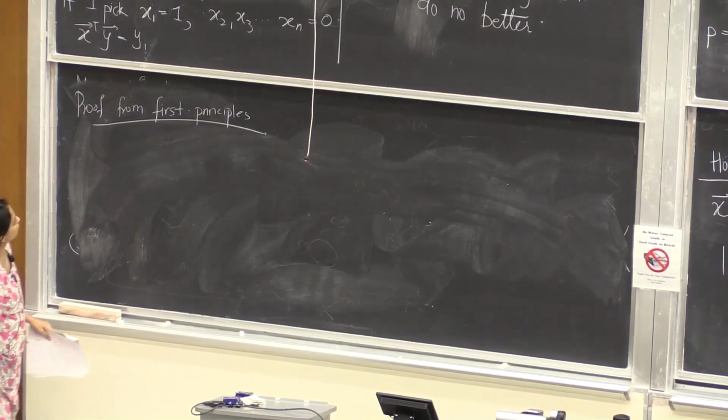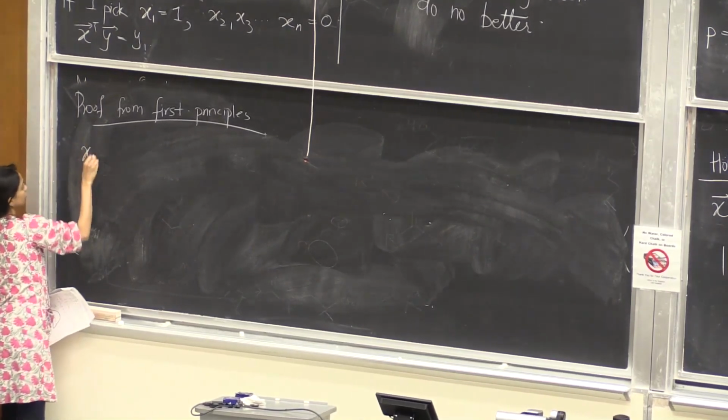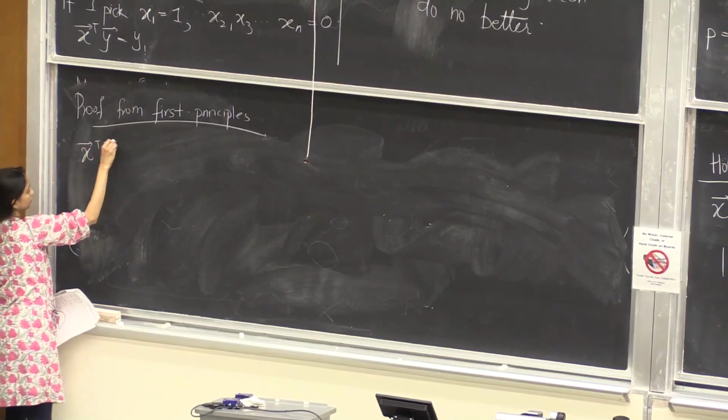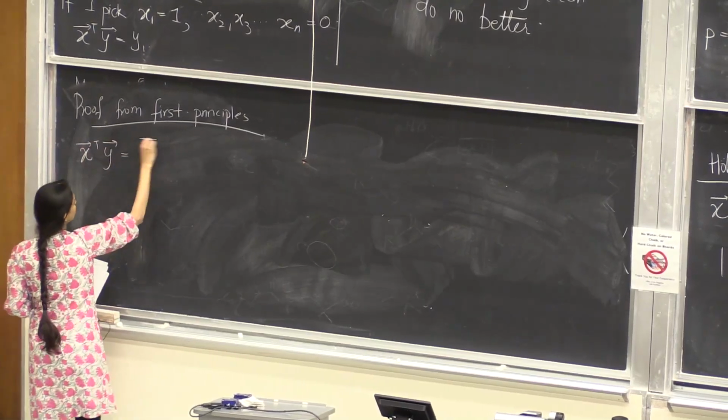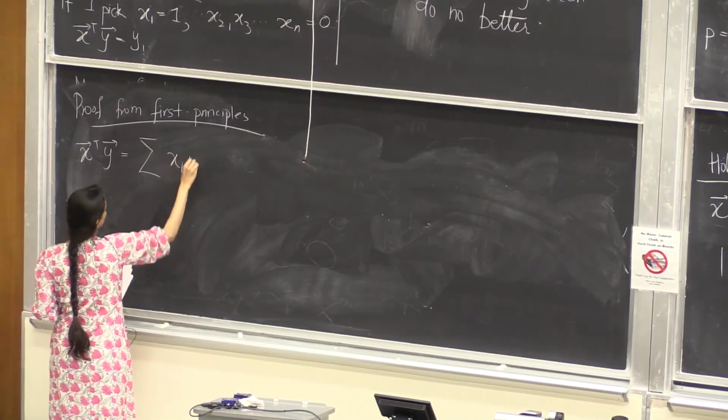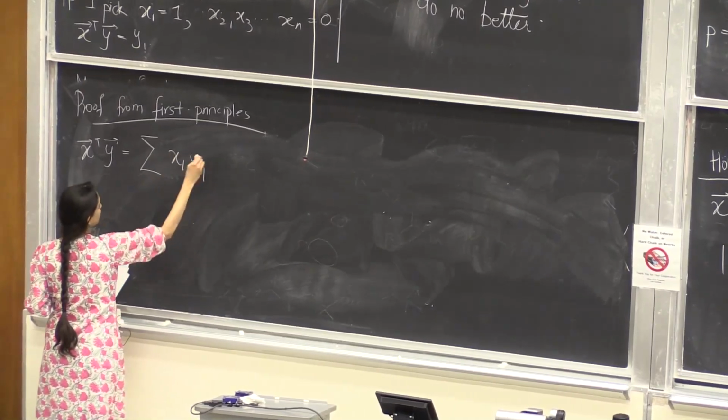Okay, so let's think about this quantity, x transpose y. I know that this is basically equal to the sum of xi yi.